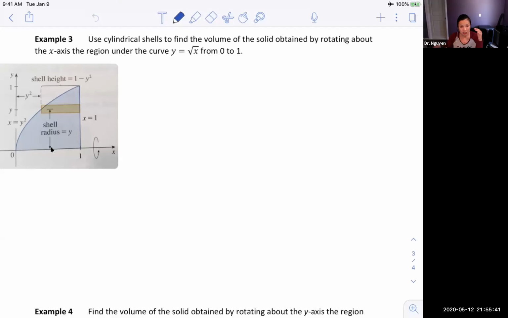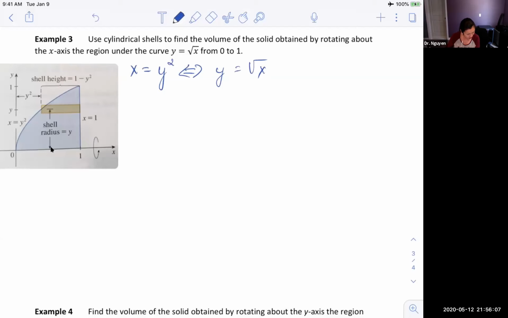Now, because we're doing it this way, we're going to have to relabel the curve. So instead of y equals square root of x, we have to solve for x. So x is y squared, right? This is just from y equals square root of x.